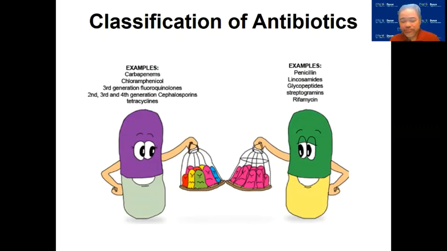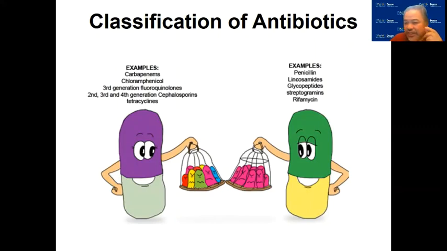Broad spectrum antibiotics are active against both gram-positive and gram-negative organisms, and this includes the carbapenems, chloramphenicol, third generation fluoroquinolones, second, third, and fourth generation cephalosporins, and tetracyclines.